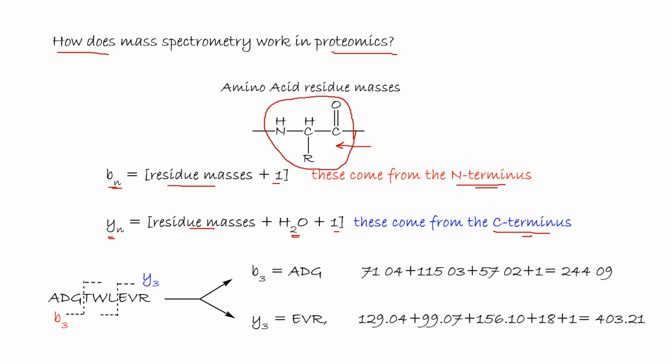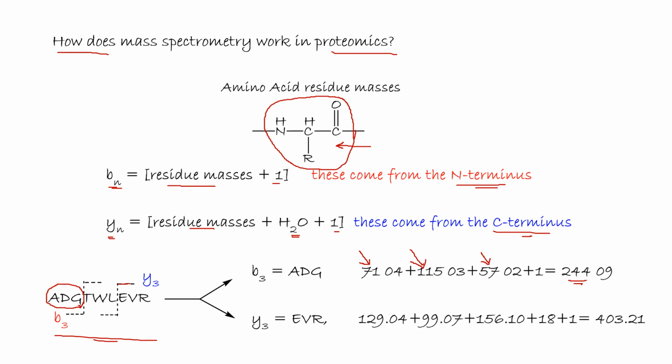So if we have this peptide, the fragment coming from the N terminal, like B3, which means we have this fragment A, D, G, we will see for A 71, D 115, and for G 57. So we will see a fragment at M over Z 244.